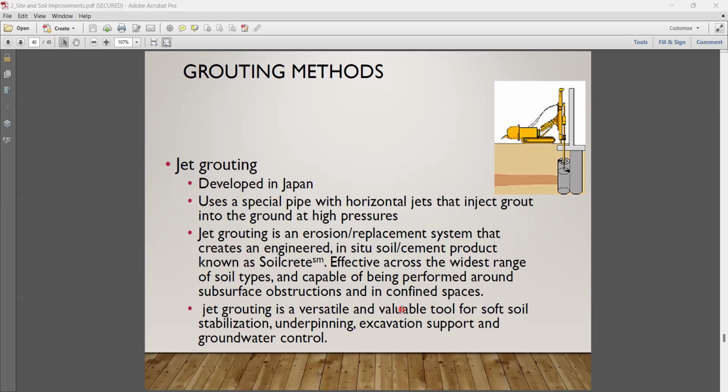Okay. Underpinning means another sort of deep excavation support system. And also grouting, since it's filling void spaces, we can control the groundwater. Controlling the groundwater means not just blocking it, but we block and divert that water somewhere else. Okay?